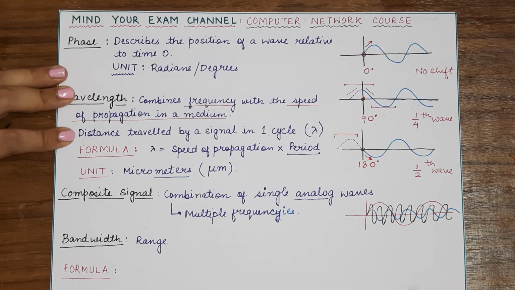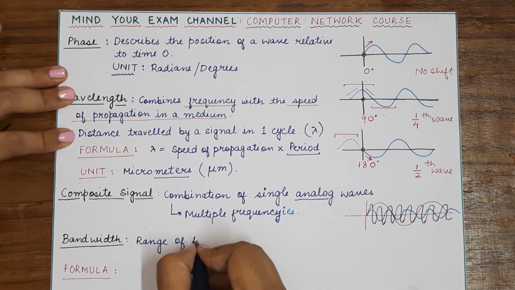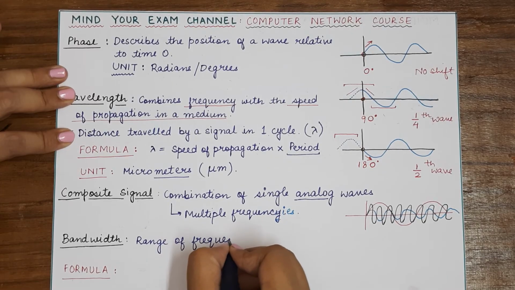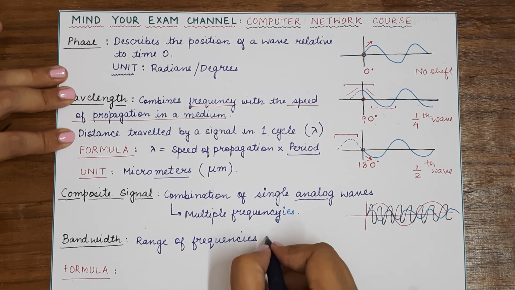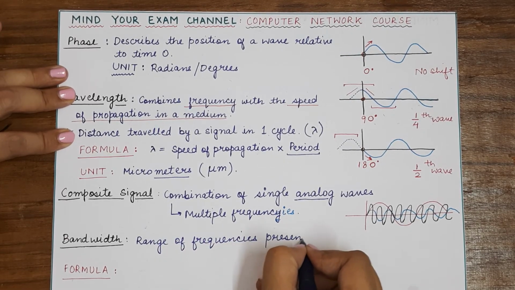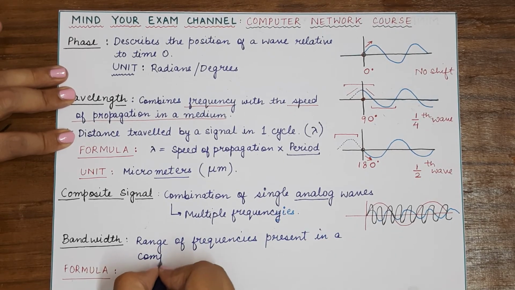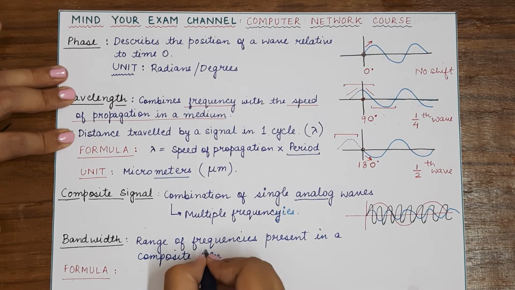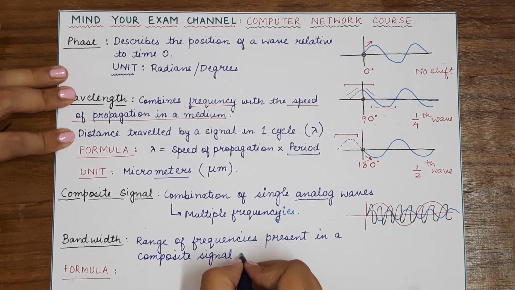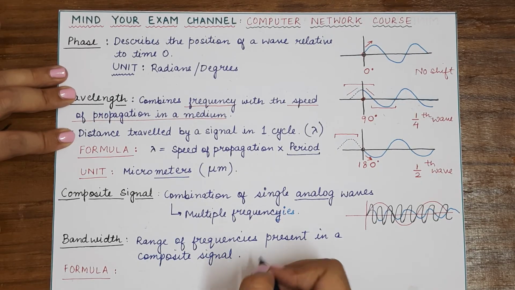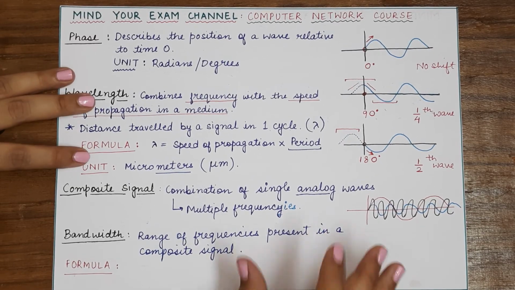Now in a composite signal, the range of frequencies that are present is known as the bandwidth. Now what is the formula for calculating the bandwidth?